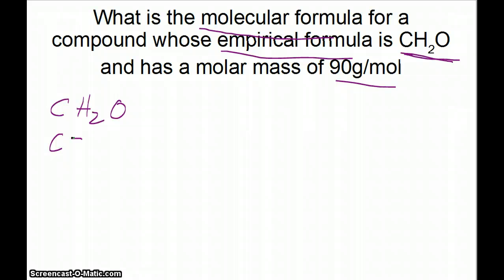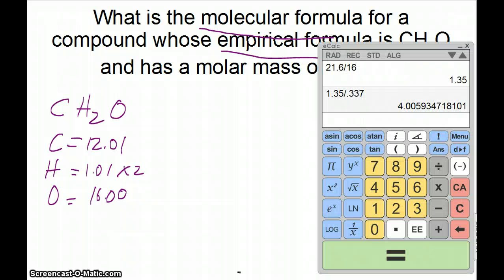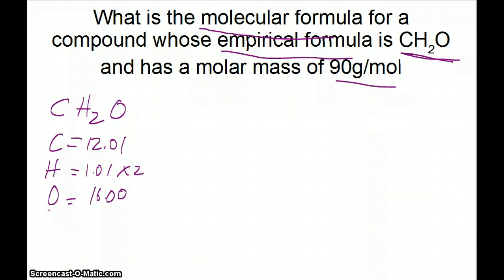Well, carbon is 12.01. Hydrogen is 1.01, in this case, times 2. And then oxygen is 16.00. So we have 12.01 plus 2.02 plus 16, and that equals 30.03.